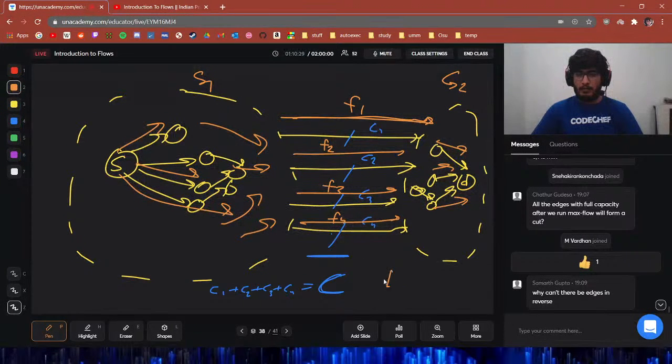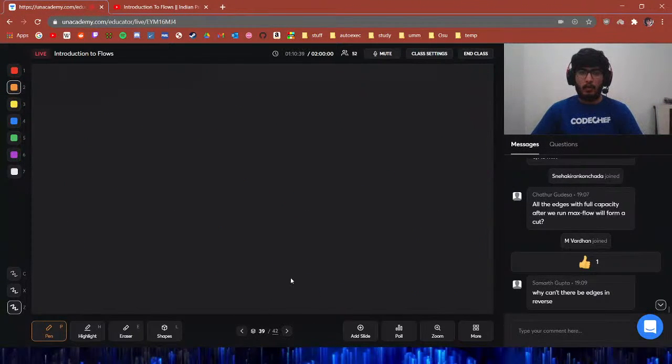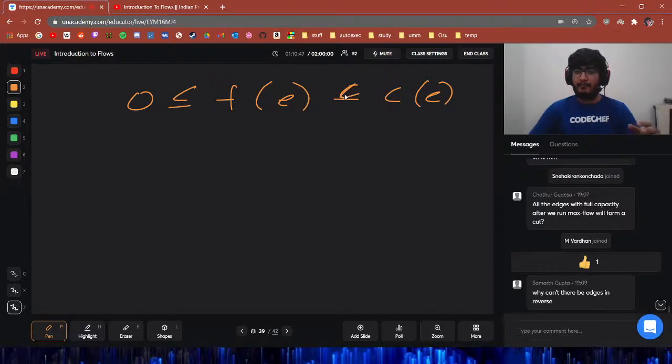So F1 plus F2 plus F3 plus F4 is going to be F. And because of the property that I talked about before, that 0 is less than or equal to F of E is less than or equal to capacity of E, the flow is going to be less than or equal to the capacity of that edge. Basically, our flow is going to be less than or equal to C.